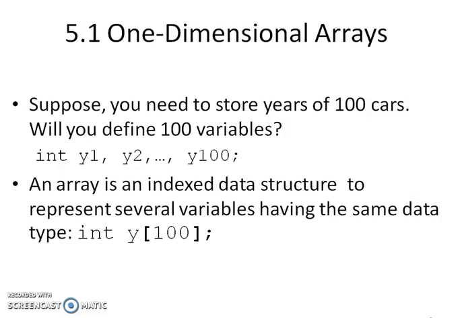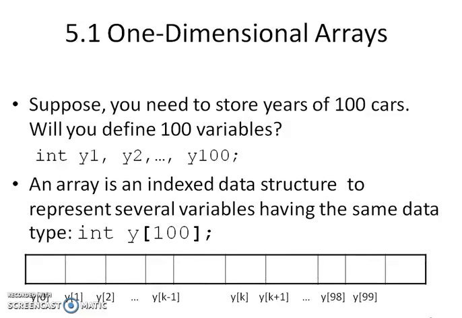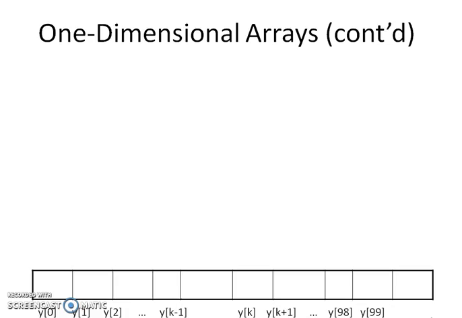This is how we define an array. The picture shows y0 to y99. In these sequential memory locations, 100 integer variables will be stored, and for my application they represent the year of making of that car.